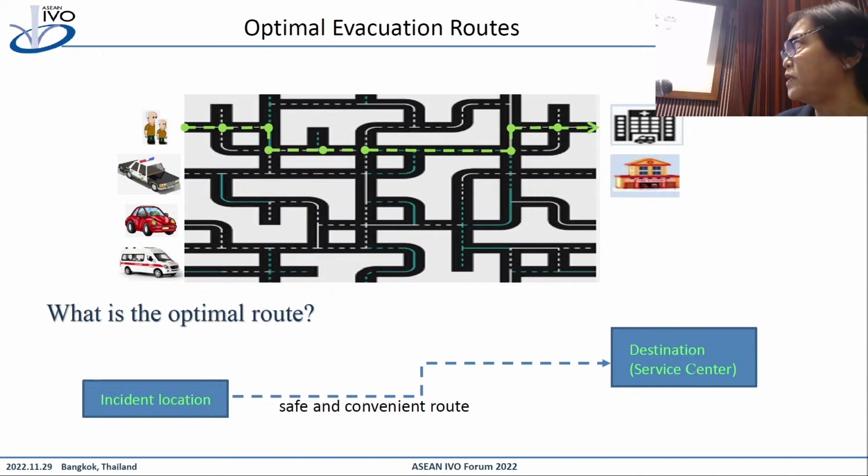The optimal route is between two locations: an incident location and a destination, such as a service center, rescue center, or hospital. These two locations can be connected by a safe and convenient road.